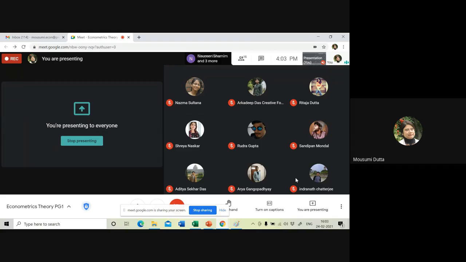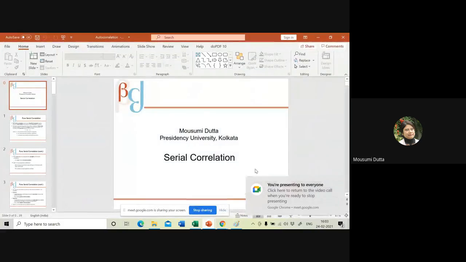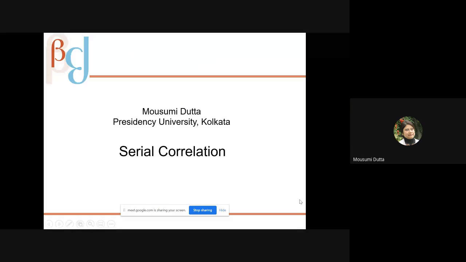So all these issues will be there. Autocorrelation is also known as serial correlation, so we can call it serial correlation as well.